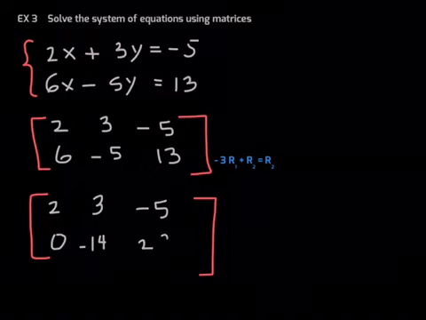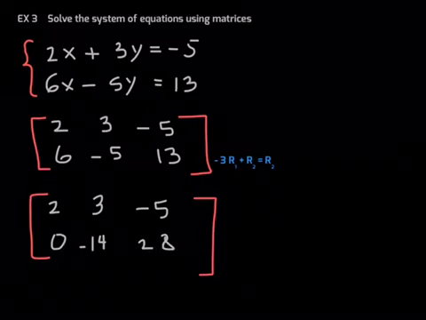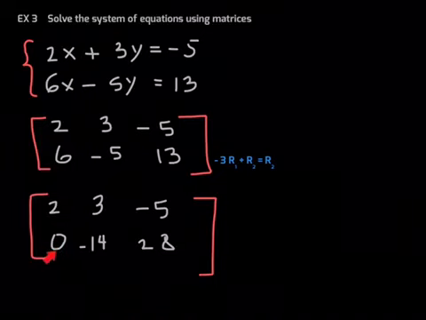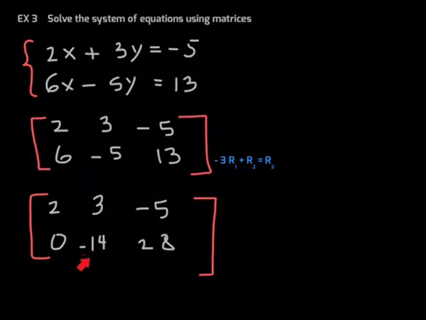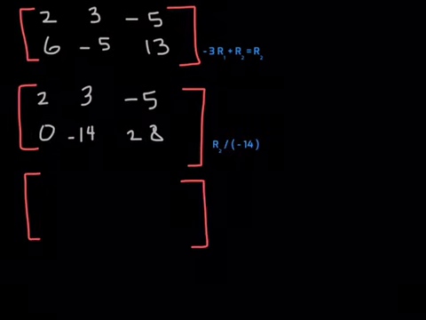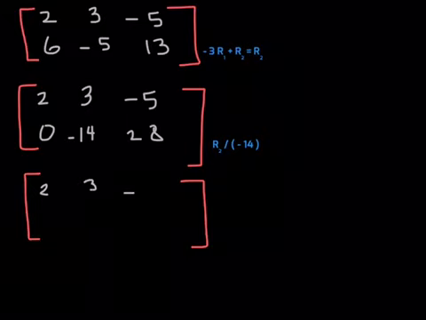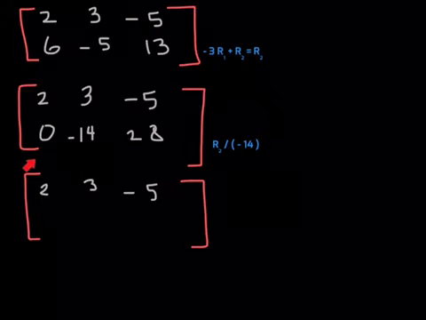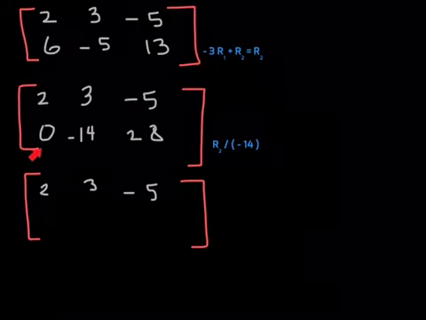All right. So we got this entry in the second row, first column, to be a 0. I can pretty simply get this entry to become a 1 if I divide the second row by negative 14. Okay, it's row number 2 that we're changing, so let me copy down row 1. All right, good. Now, row number 2, I'm going to divide all of its entries by negative 14. 0 divided by negative 14 is 0.